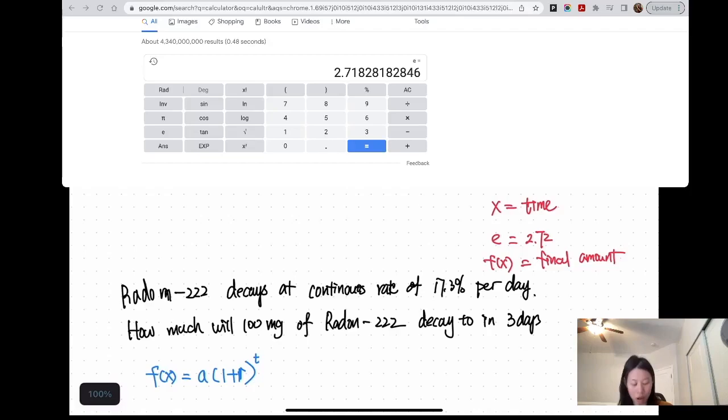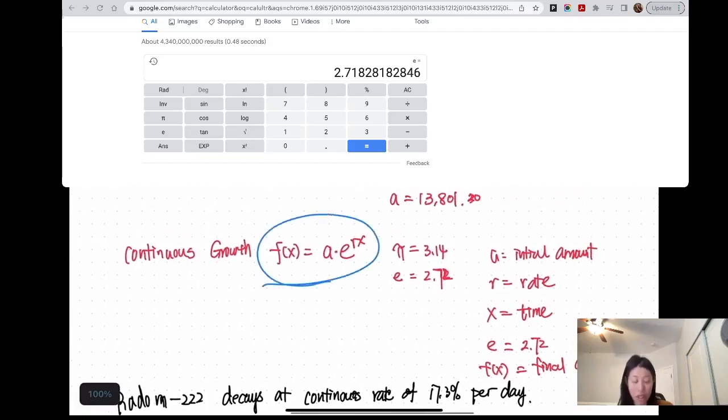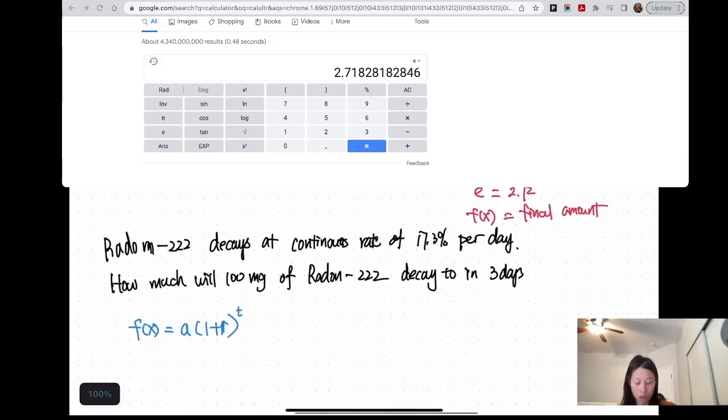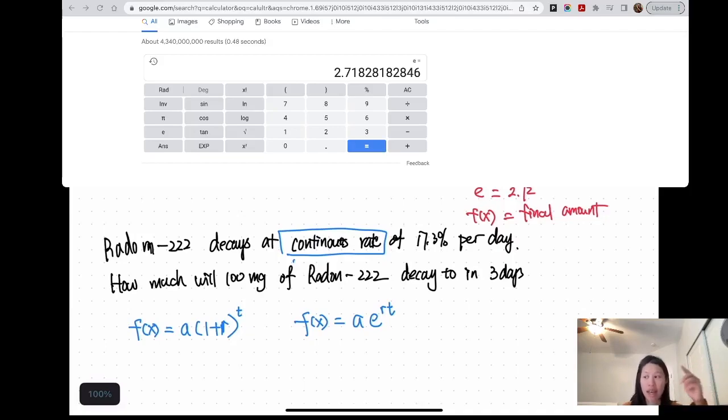But now, since we learned continuous growth, this is more accurate, since the reaction is continuously happening, right? It's non-stop. Also they give you the keyword continuous rate. So that means we know that, hey, now we need to use our new formula. f(x) equals A times e to the r x or to the t, whatever you're comfortable with. Just remember the power is the rate times the time.